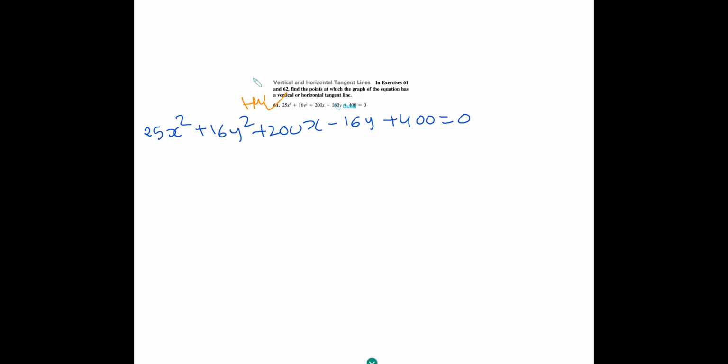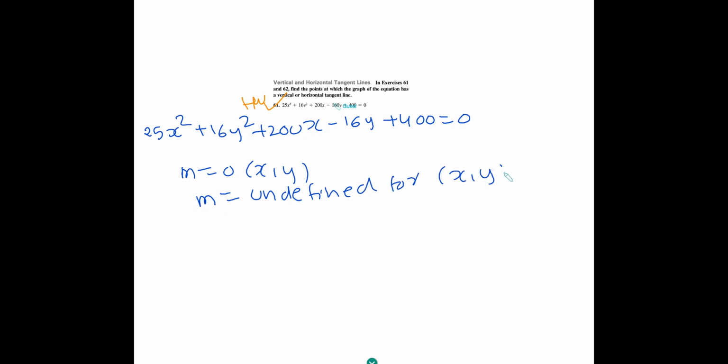We solve for m equal to 0 for x comma y to find the point where the curve has a horizontal tangent, and we solve for m undefined for x comma y to find the point where the curve has a vertical tangent.